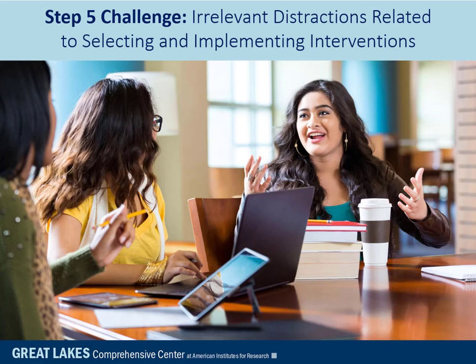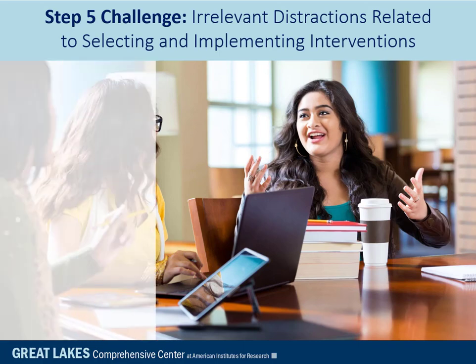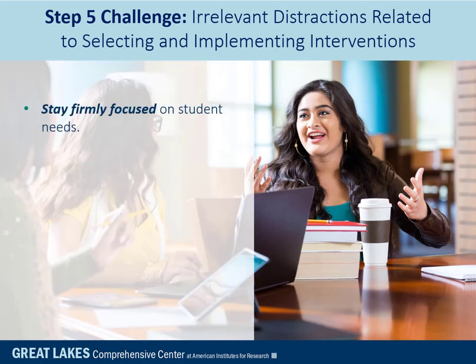Implement an overabundance of interventions as a result of having limited or no criteria for selecting interventions. It is critical to choose interventions that are closely aligned with student needs and most likely to result in the desired outcomes. A good strategy for protecting against the challenge of irrelevant distractions is to stay firmly focused on student needs. Remember that it is the roots of the plant that need water and nutrients, not the leaves.